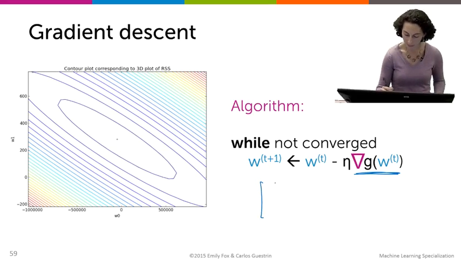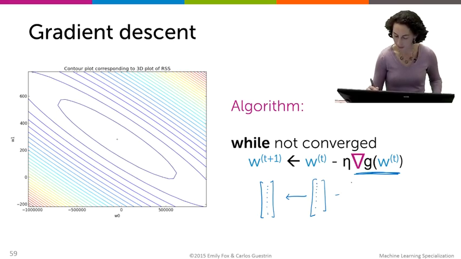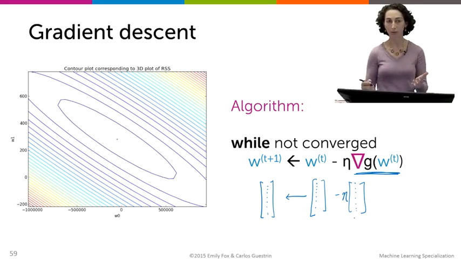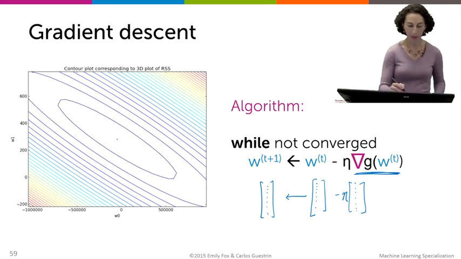So what we're doing is we now have a vector of parameters, and we're updating them all at once. We're taking our previous vector and updating it with our step size eta times our gradient, which is also a vector. So it's just the vector analog of the hill descent algorithm.